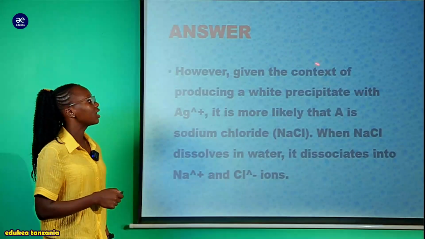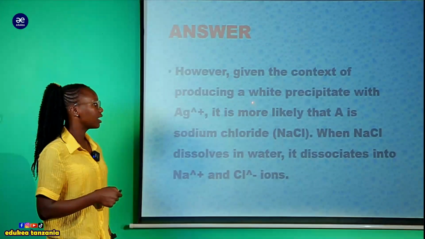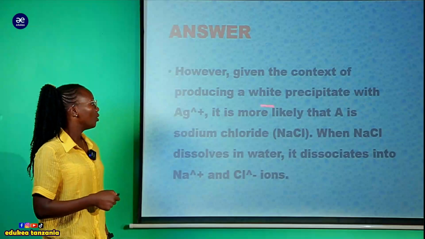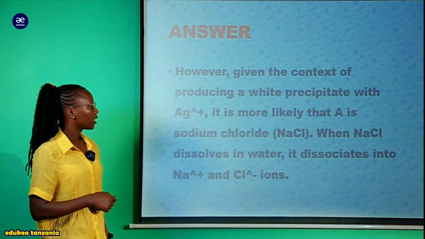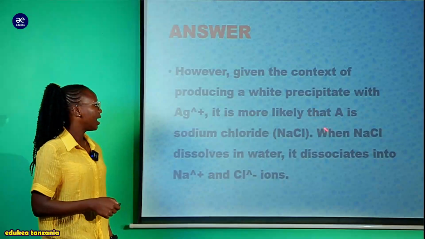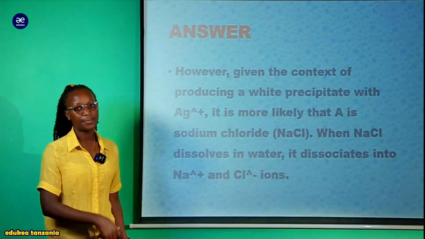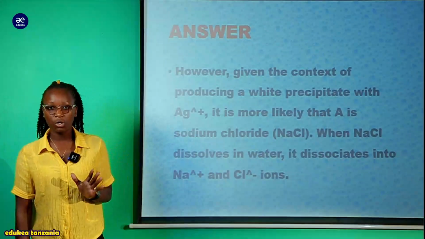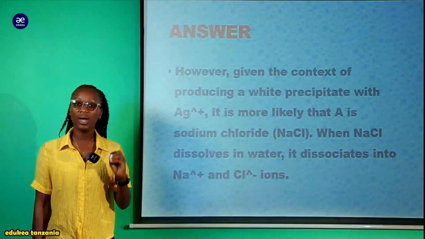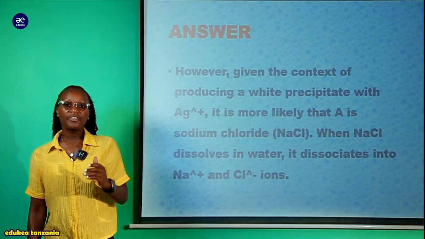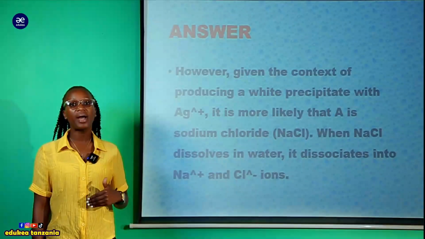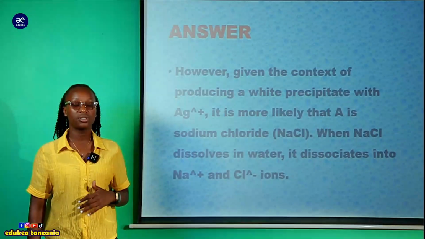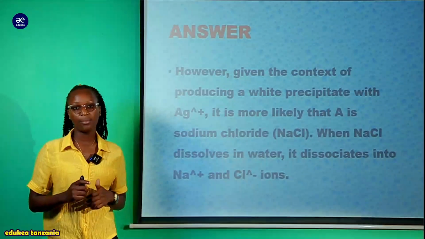However, given the context of producing a white precipitate with this silver ion, it is more likely that A is sodium chloride. Kwa katika maelezo ambayo tulikuwa nayo, obvious tungesema kwamba likely metal salt ambayo ingeweza kureact na ile concentrated sulfuric acid tungesema ni sodium bicarbonate.